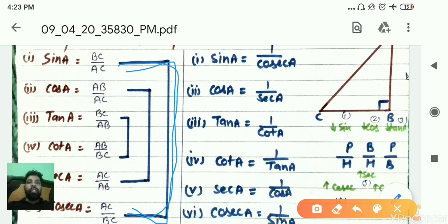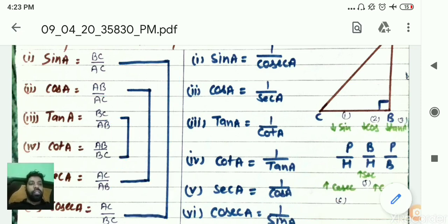Therefore cos A is the reciprocal of sec A, and sec A is the reciprocal of cos A. Now again tan A is the reciprocal of cot A and cot A is the reciprocal of tan A. I hope you got it all.